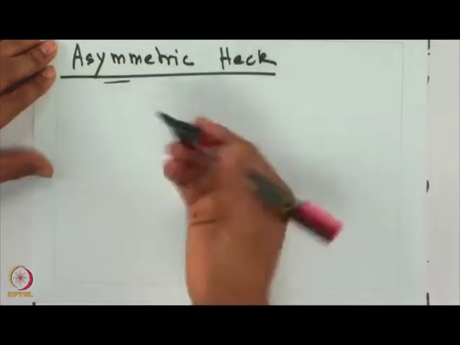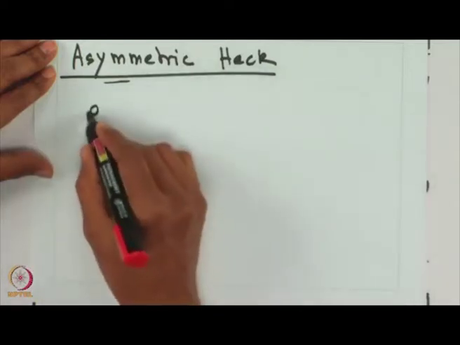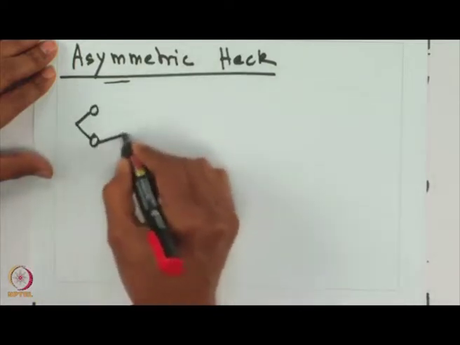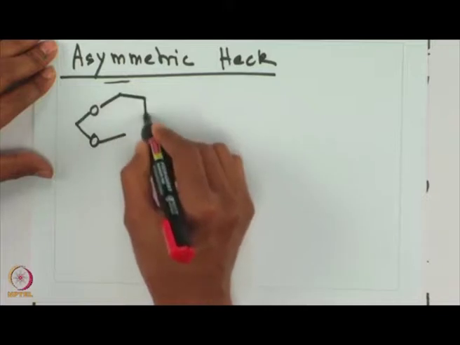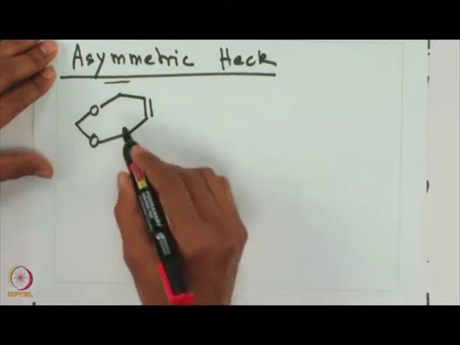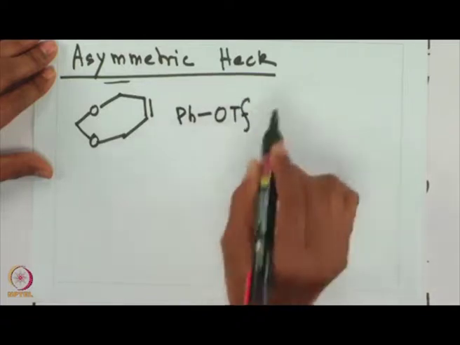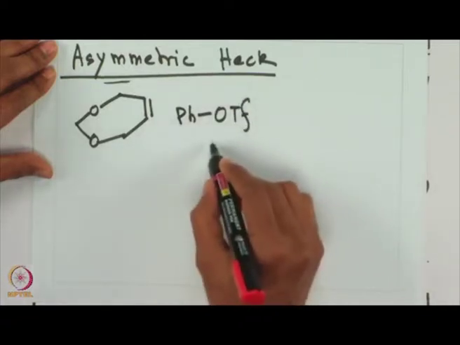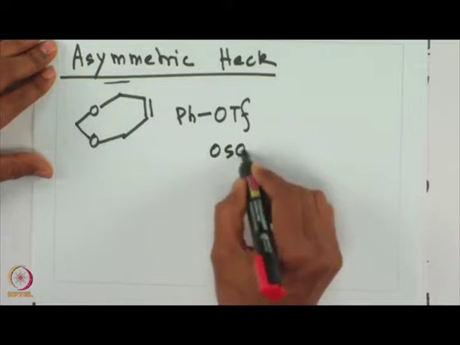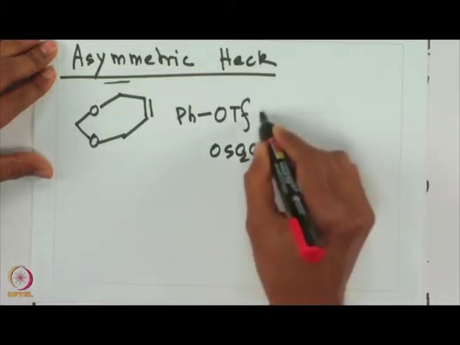Well, the one example we would like to discuss is with the Pfaltz ligand, where let us say the substrate is a cyclic one, and we have PhOTf as the coupling partner. Okay. OTf is nothing but OSO2CF3. Okay.